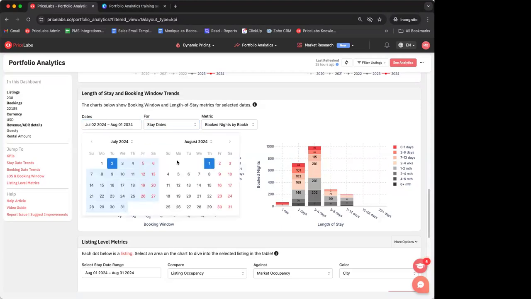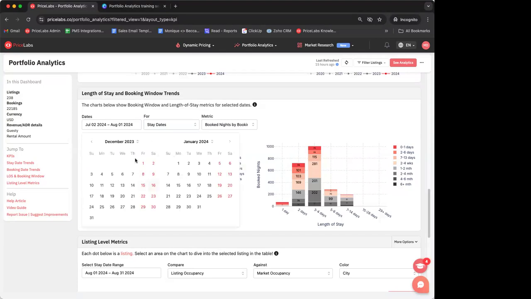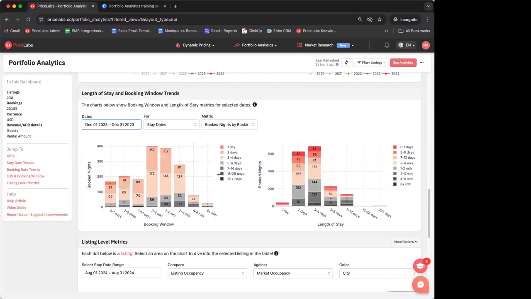So you'll be able to see here. Let's take a look at December of last year. Oh, still a decent lead time, but you do see that the shorter lead time did come up a bit.